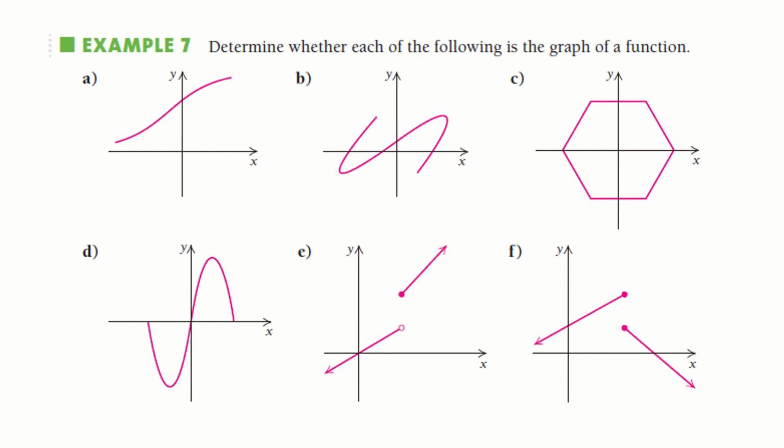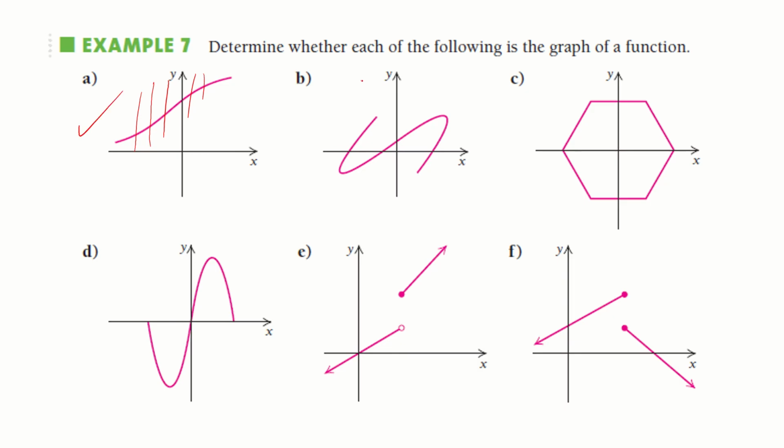Okay, just a practice for you. You may pause the video and ask yourself whether they are graphs of a function or not. The first one is obviously a graph of a function, because if you draw any vertical line, it will be crossing it exactly at 1 point. So this is a graph of a function.